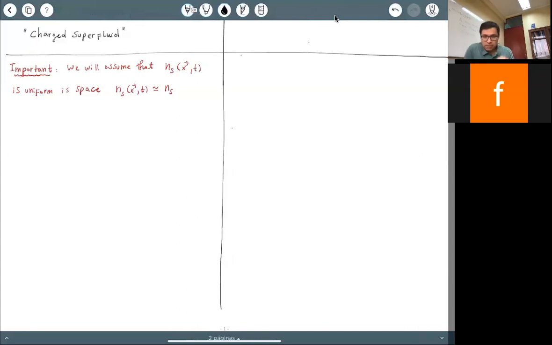Sometimes you will see later that whenever we have capacitors or superconducting islands, something that we will see later, we will have a piece of metal here, which we will call a superconducting island.